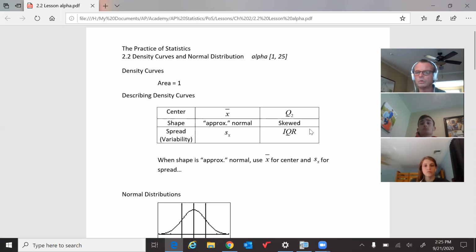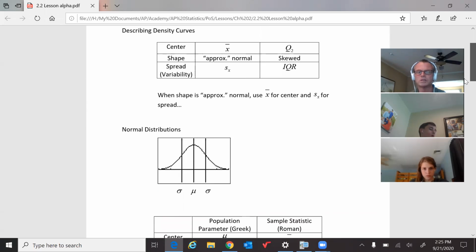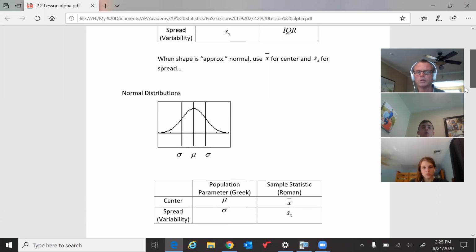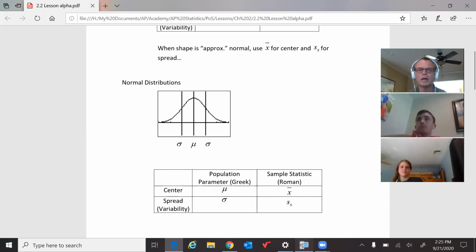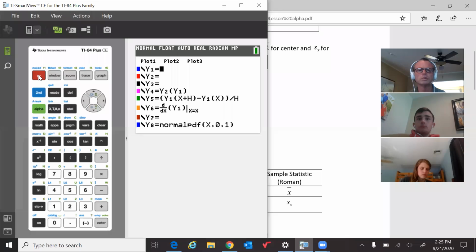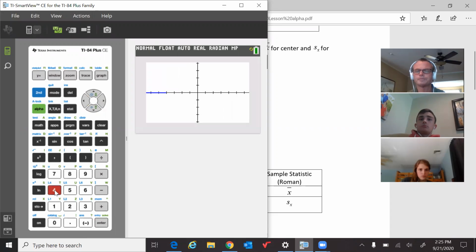All right, so we're going to specifically deal with one type of density curve, which is the standard normal curve, the normal distribution. We put this in your calculator, I hope, last week. We go to Y=, in this one I have it in Y8. If I push ZOOM 4, it's not a very good picture.